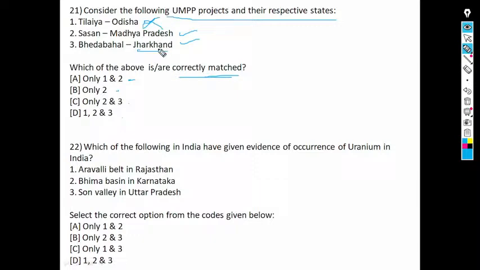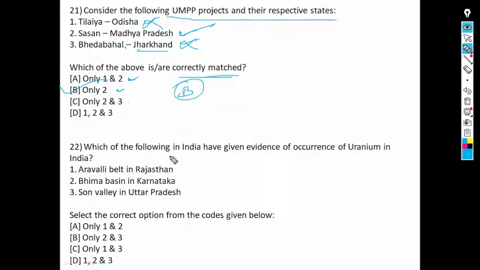Sasan, Madhya Pradesh is correct. Vedavahal in Jharkhand is also wrong. So only 2 is correct. The answer is B for Bombay.